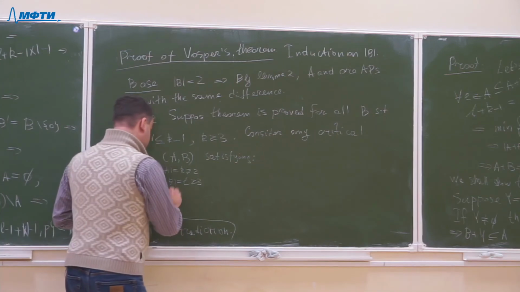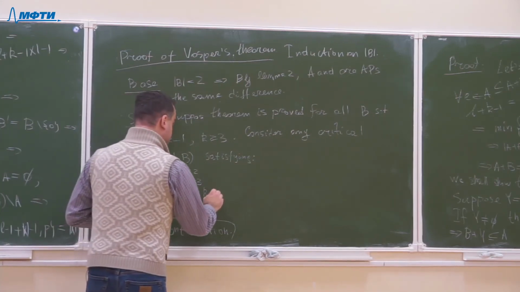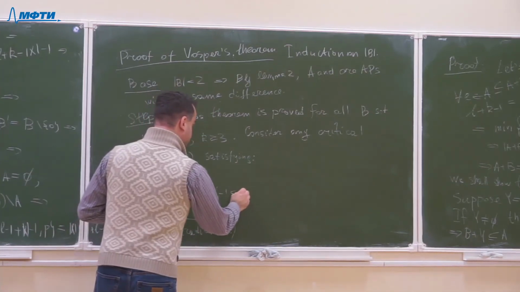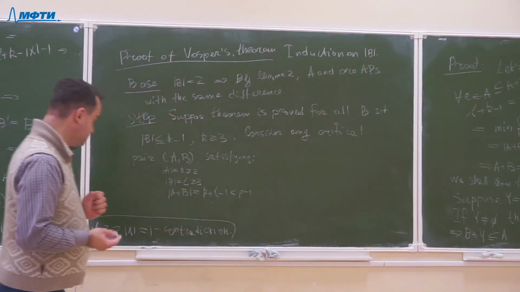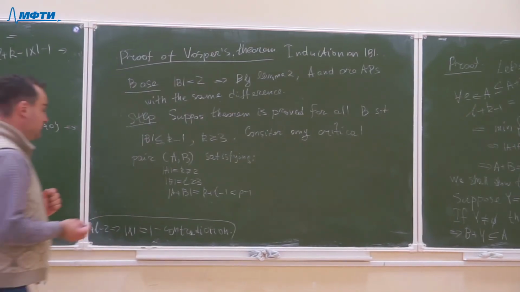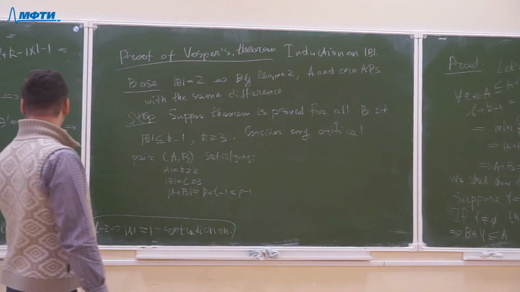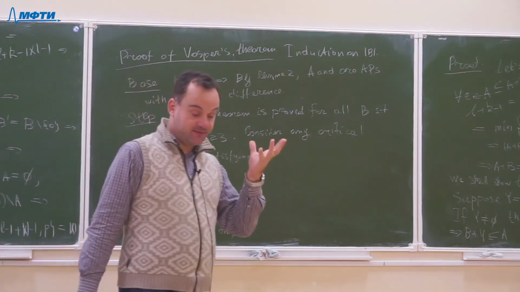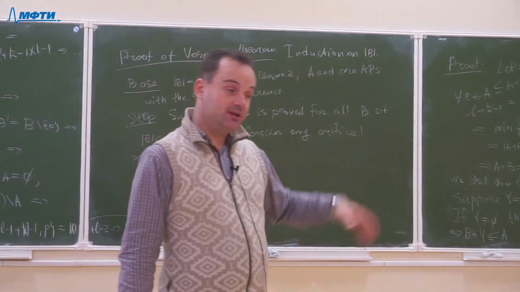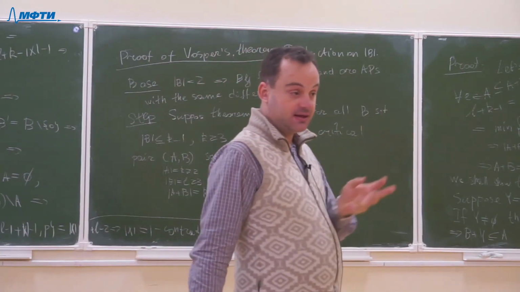Right, and A plus B has cardinality K plus L minus 1, which is at most P minus 1. Well, we want to apply lemma 5, right? But in lemma 5, we had 0 inside B.